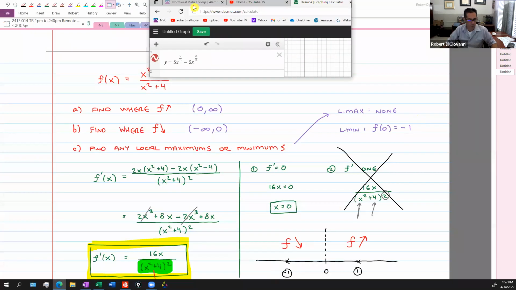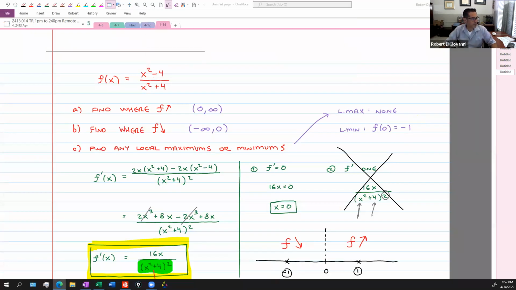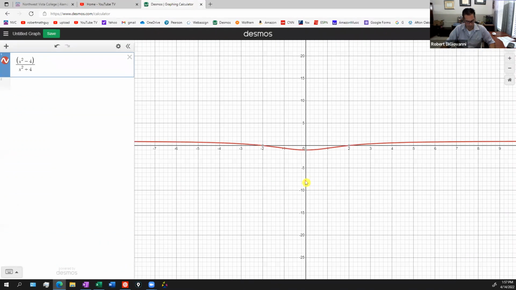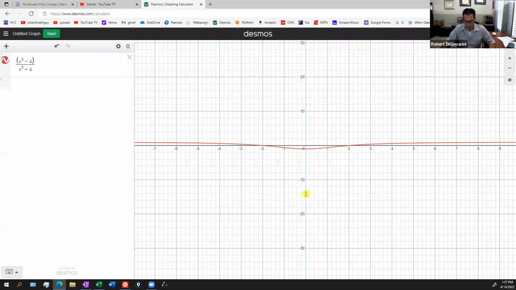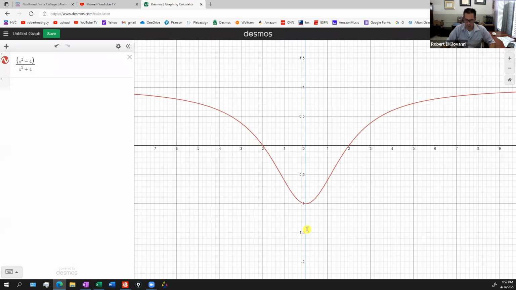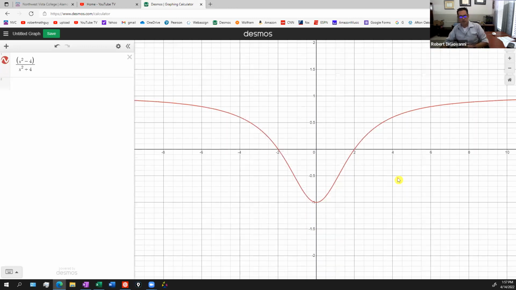Get that graph going here for you. It's the graph of the function.